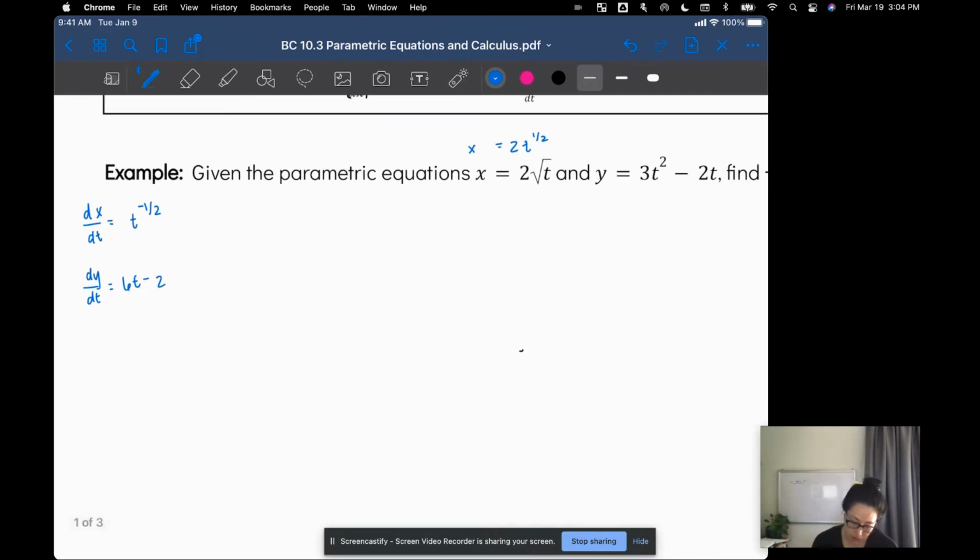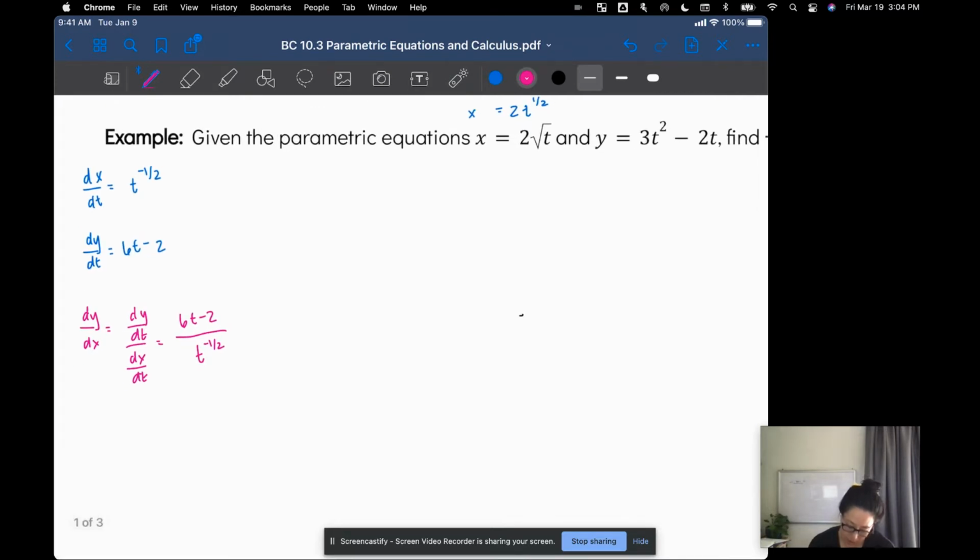Now I can go ahead and find dy/dx, which we know is dy/dt over dx/dt. And so I get dy/dt is 6t minus 2 over t to the negative 1/2.